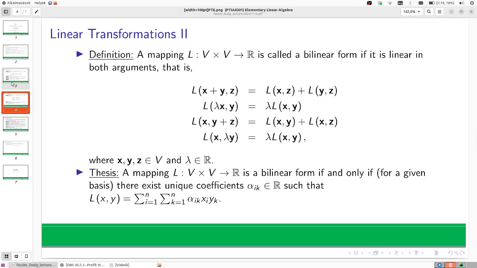Okay. You have a mapping that's called a bilinear form if it's linear in both arguments. So you have the addition, you have the homogeneous feature for the first and for the second parameter or argument, whatever you want to say.